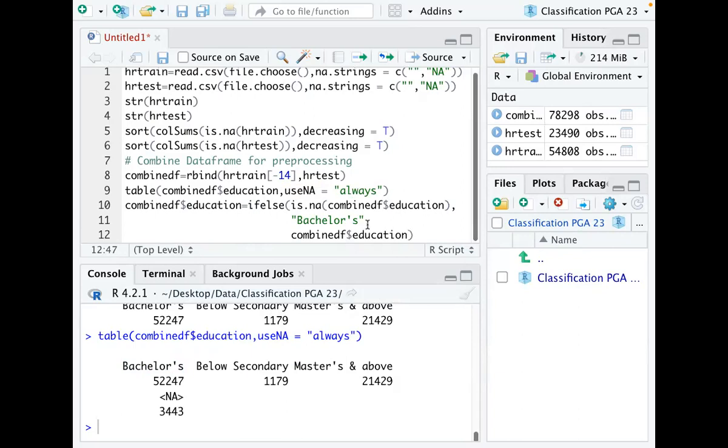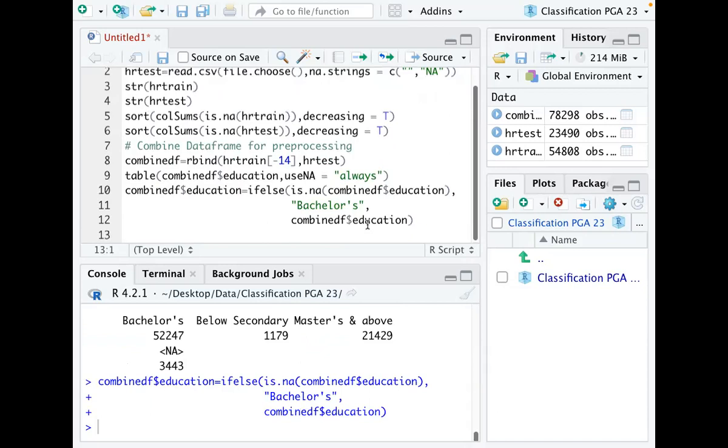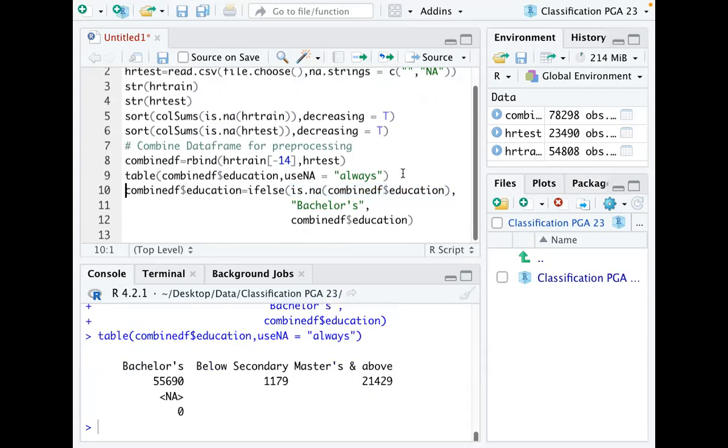If it is a missing value, it will use the if statement, value if true. The logical test is.na combined DF dollar education, the logical test is this: is.na, true or false. If it is true, it will replace it with bachelors. If it is false, it will take the value whatever is there in the cell. So if I run the previous command again, now you can see NA is 0.